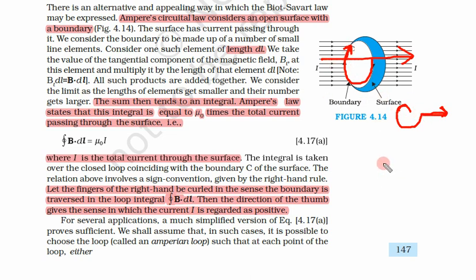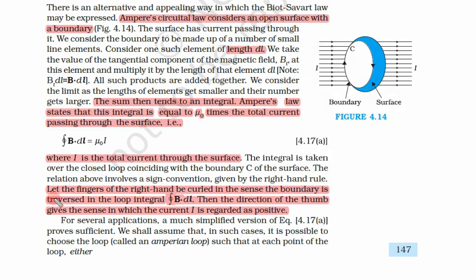If the current direction is shown with your thumb, then the curl of your fingers will show the direction of the magnetic field. Or if you know the magnetic field direction, then the direction of the current would be given by your thumb.